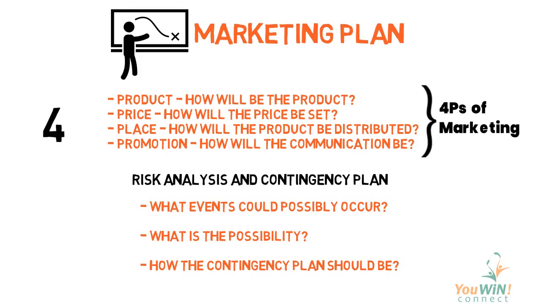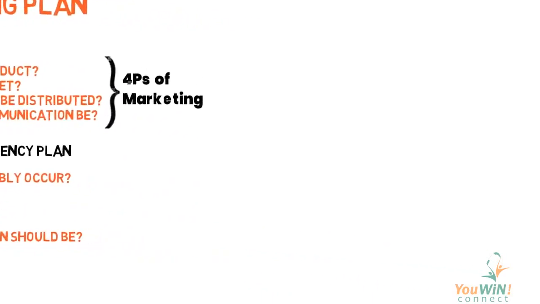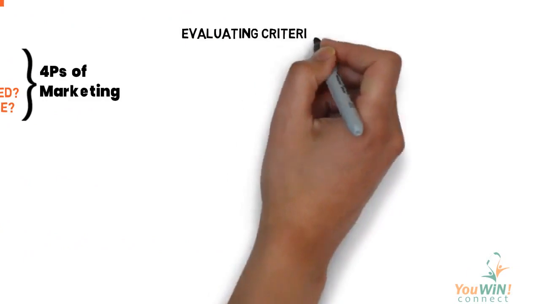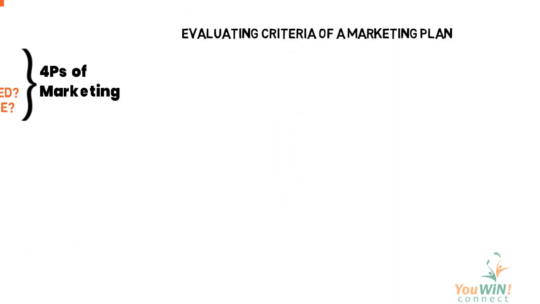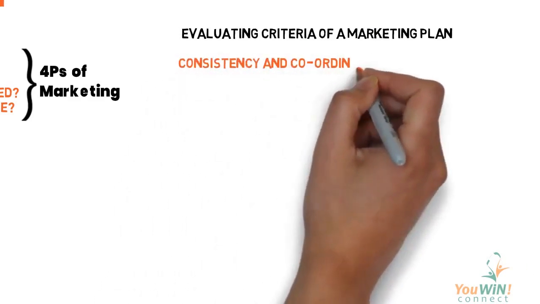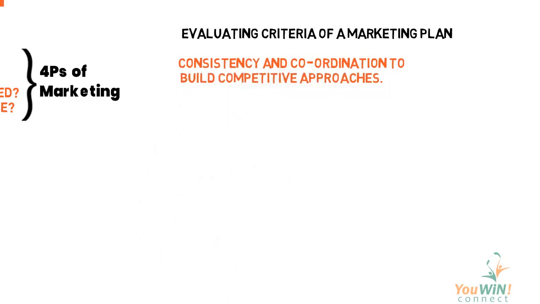So, we must prepare a contingency plan which will state what we will do in case the risk that we forecast happens. So, how do we evaluate the criteria of a marketing plan? First, marketing should be consistent so that it can build a competitive approach.